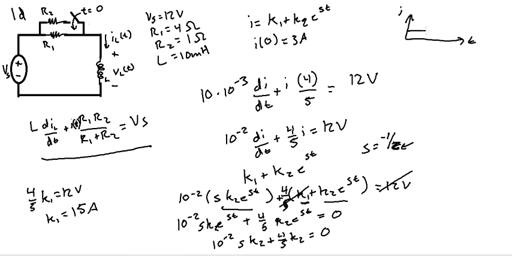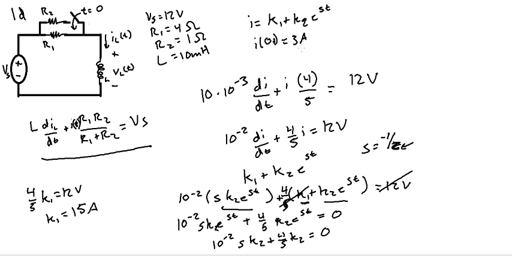We can't have some number here and then all of a sudden some number here, because the slope here is basically infinite. And that would give us infinite voltage, and that's not possible. So we cannot have jumps in I. So we can assume that before 0, if I is at 3, then at 0 it's still going to be at 3. It might all of a sudden change the function, but I itself is not going to jump. So I of 0, even after the switch is closed, is still 3 A.